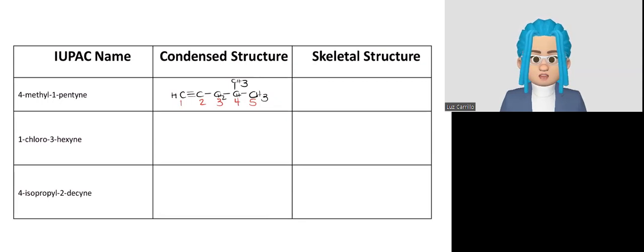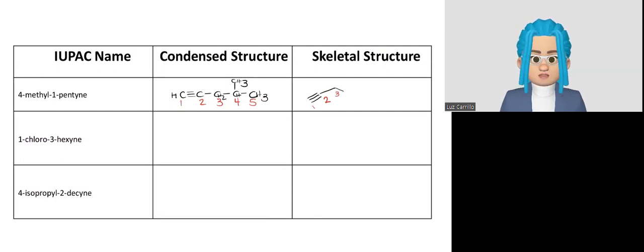When we do the skeletal structure, let's understand that specifically an alkyne is a linear molecule. So that carbon-carbon triple bond is linear. So if we do 1, 2, 3, that's going to represent carbon 1 and 2. So from carbon 2, we're going to do a line. That's going to be carbon 3. And then after that, carbon 3 is actually tetrahedral.